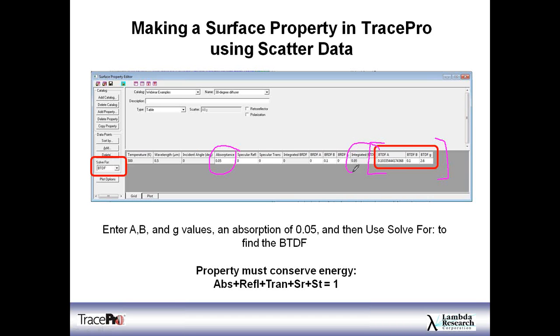So I'm solving for this value here. You can see it changed the A value slightly to get the fit to 0.95, but it's very close to the value we'd entered. And once again, the property must conserve energy, so all the values have to add up to 1.